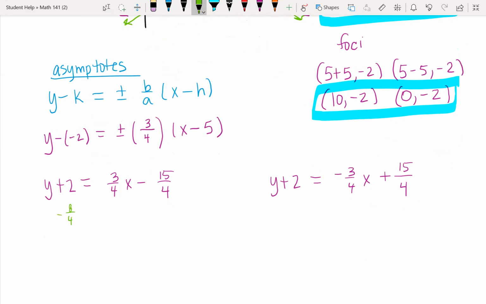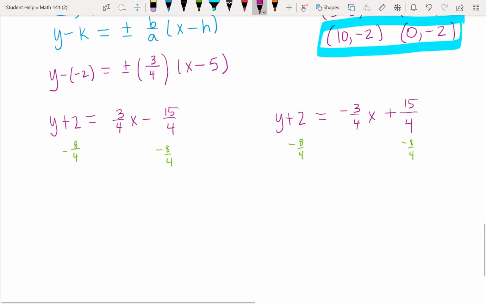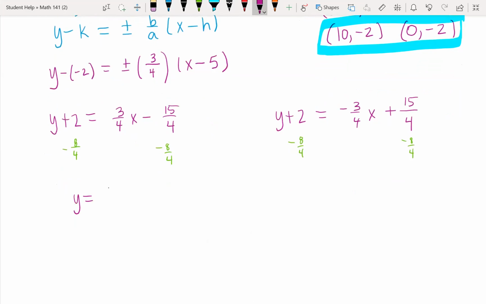So I'm going to subtract that from both sides. So I'm getting y equals 3/4 x minus 23 over 4, and y equals negative 3/4 x plus 7 over 4.